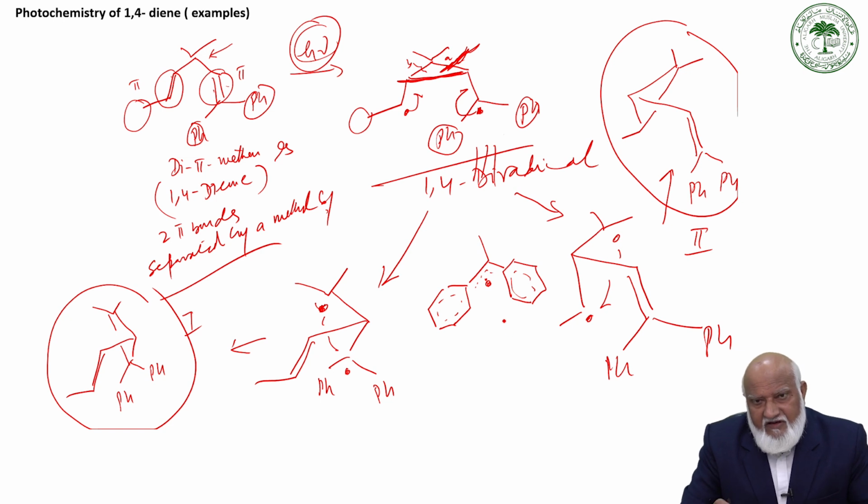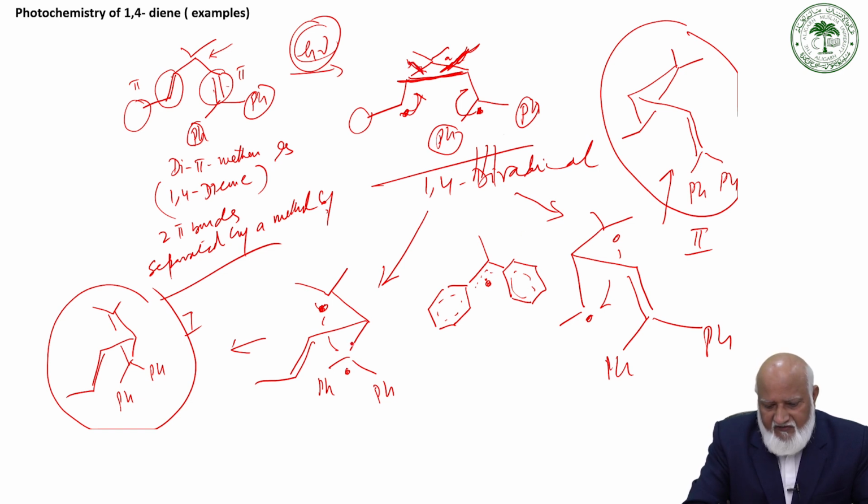We know that the more stable radical exists and the less stable radical does not, so this will lead to the formation of the double bond and cleavage. So exclusively there will be a cleavage of this bond due to the formation of this double bond.